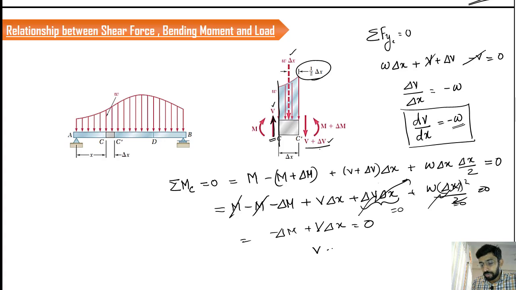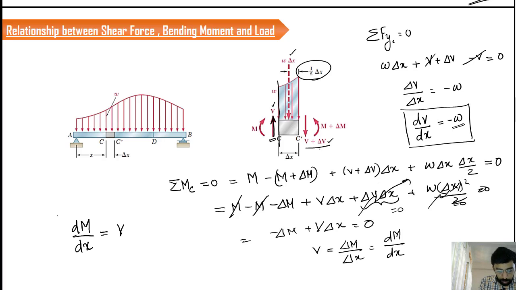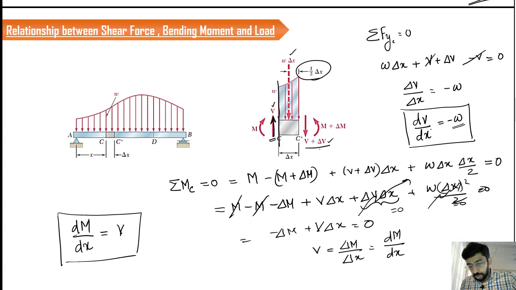We can say that V is equal to delta M by delta X, or in other words dM by dx. So we can conclude that the rate of change of bending moment will give you the value of shear force, and the rate of change of shear force will give you the negative of the loading. So in a way, this can be called a slope. This is also a slope.